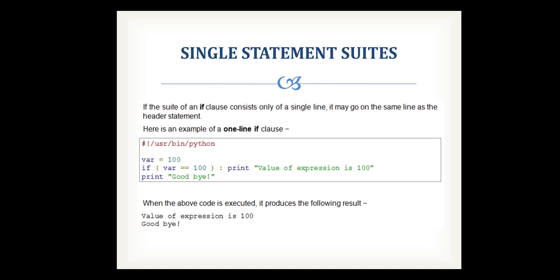If the variable value is different, suppose var is equal to 50, then it directly prints goodbye. But here the value of var is 100, so it prints "value of expression is 100" and goodbye also. So the colon is used for a single statement suite.